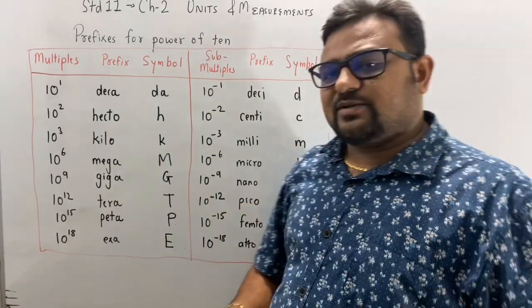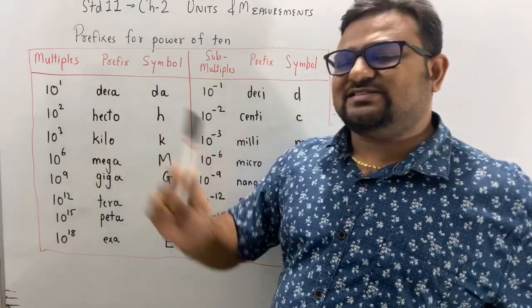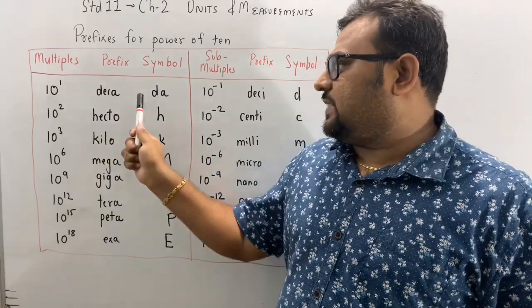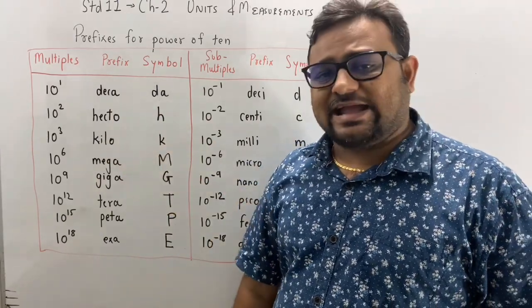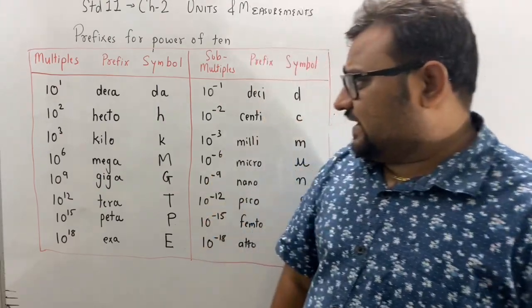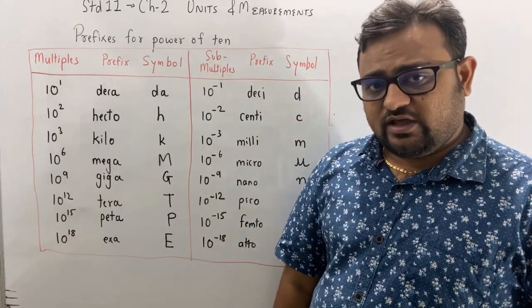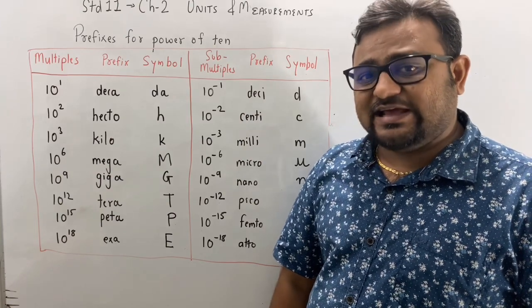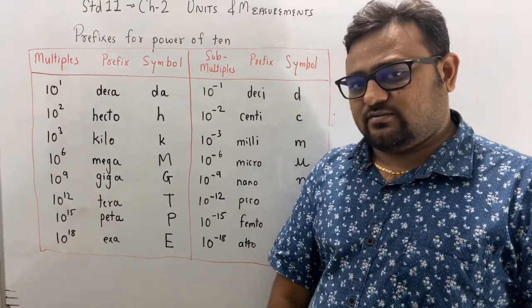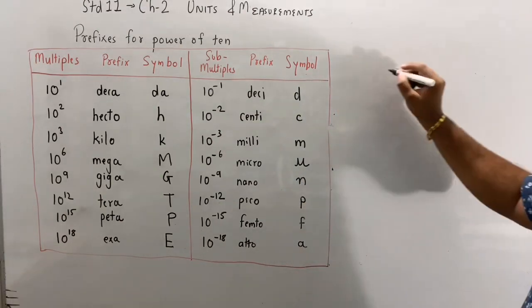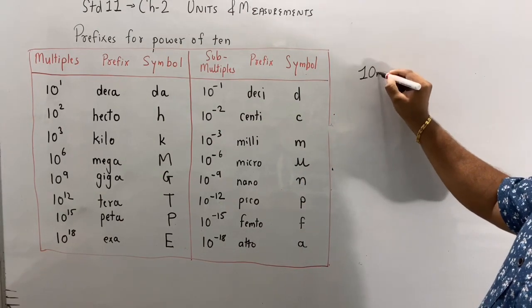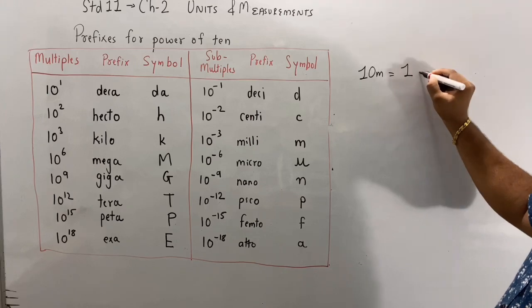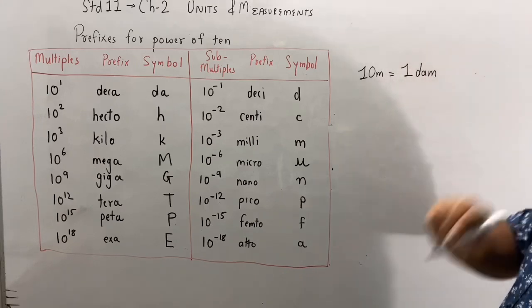Now see multiples. If it is 10 or 10 raised to 1, then deca, DA. So I can write 10 meter as 1 decameter. I'm also writing the example 10 meter equal to 1 DAM.